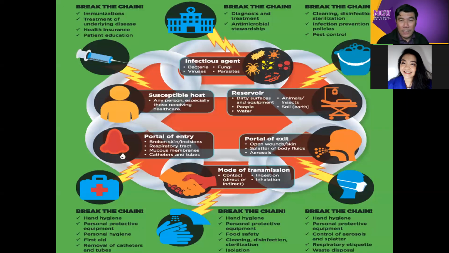Kasi it could be, for example, yung infected urine goes to the open wound, or either the indirect contact, the infected urine is placed in the contaminated object, wherein the person touched the contaminated object and placed to the open wounds. The portal of entry could be the broken skin.